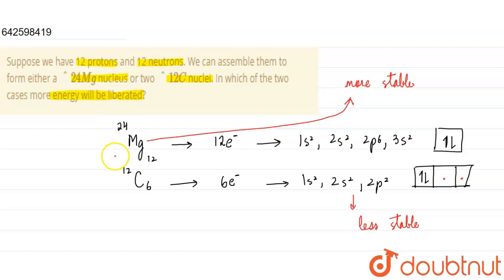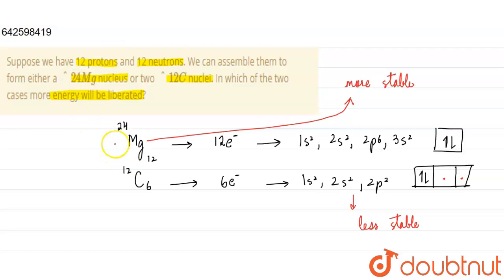What does more energy liberated mean? In the formation of anything, if the thing after its formation is becoming more stable, that means more energy will be liberated.